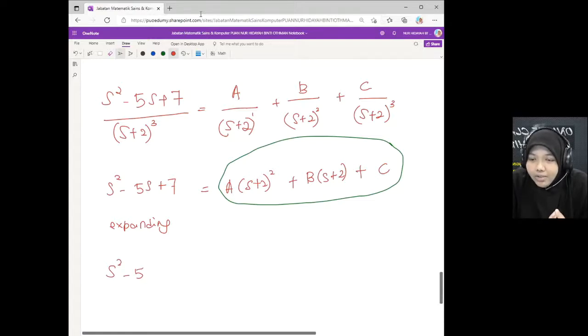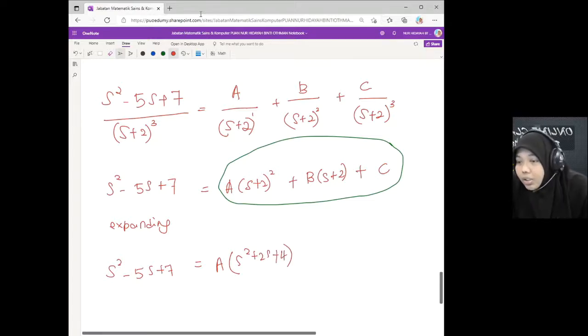Jadi s squared minus 5s plus 7. So here we will expand this function. Untuk yang ini, bila kita expand s plus 2 to the power of 2, dia akan jadi s squared plus 4s plus 4, right? Okay, not 2 but 4.